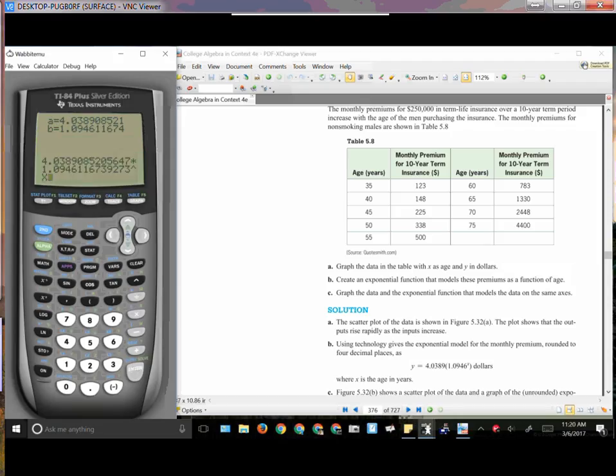If we go back into y equals now, darn it, didn't work. Something went off. Try that one more time. Vars 5, EQ.